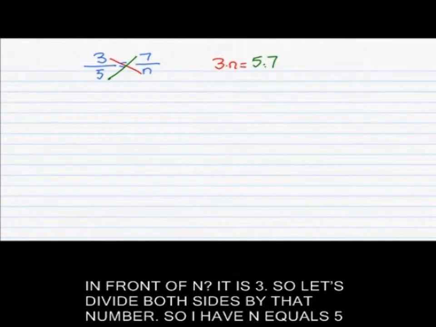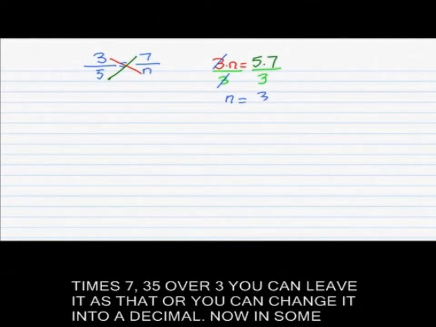What's in front of n? It is 3. So let's divide both sides by that number. So I have n equals 5 times 7, 35 over 3. You can leave it as that, or you can change it into a decimal.